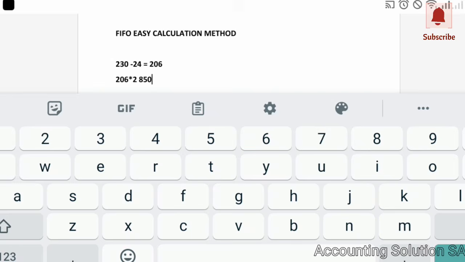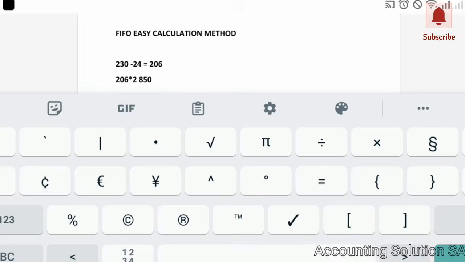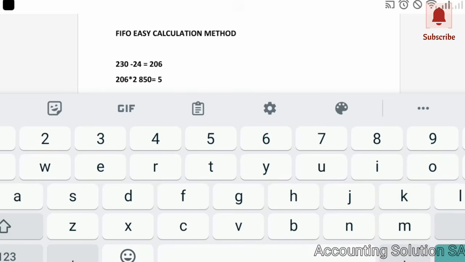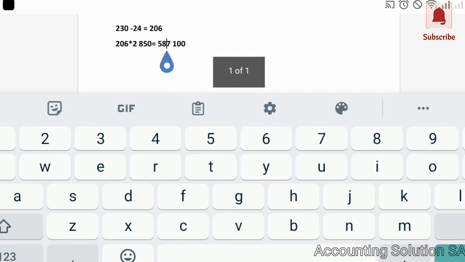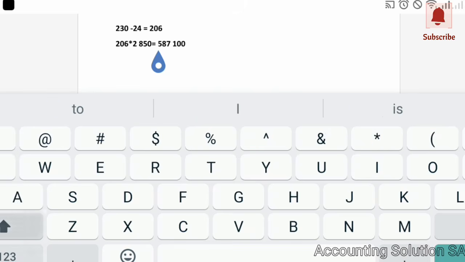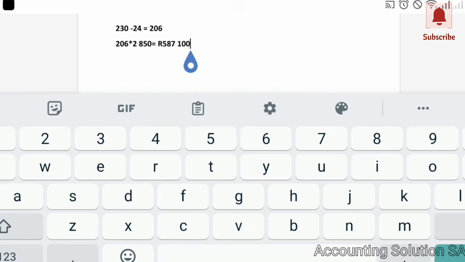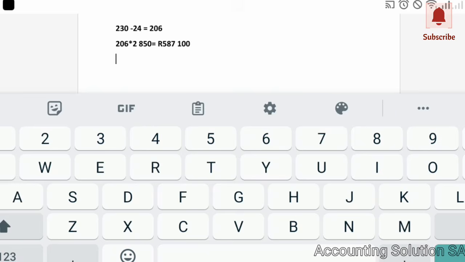Okay, if you do your calculation, you are going to get an amount of 587,100. Please make sure that you show that it's rand. Okay, let me do this. It's rand. It's not units, it's rand.